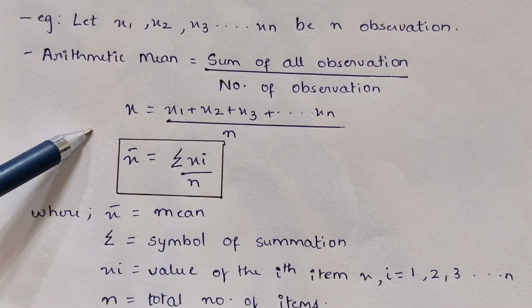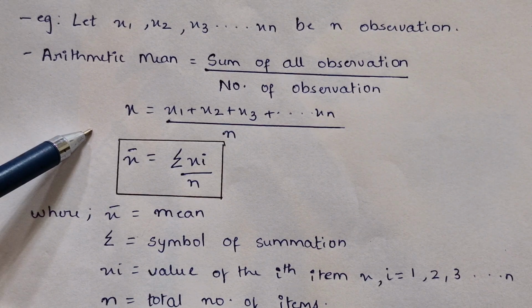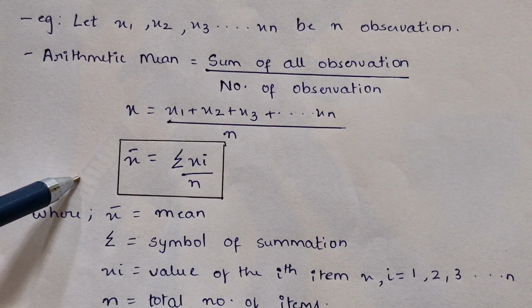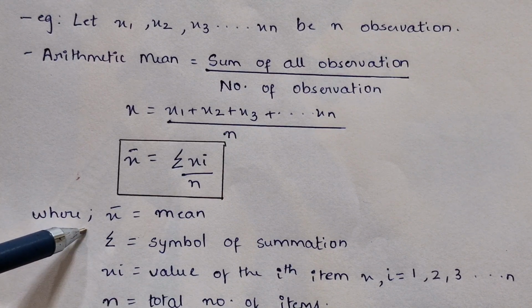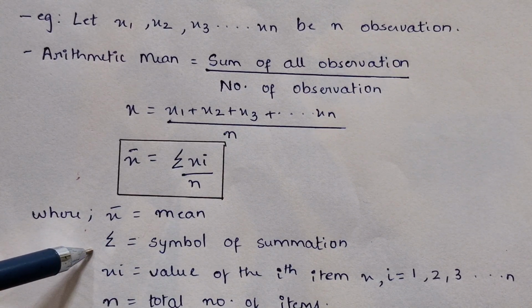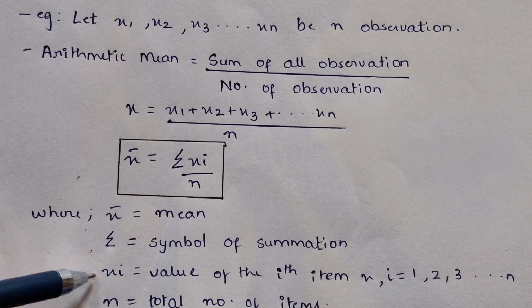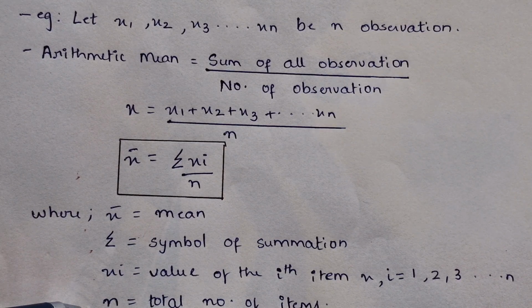Therefore, x bar is equal to x1 plus x2 plus x3 up to xn, the whole thing upon n. Therefore, mean x bar is summation xi divided by n, where x bar is the mean, xi is the value of the ith item where i can be 1, 2, 3 till n, and n is the total number of items.